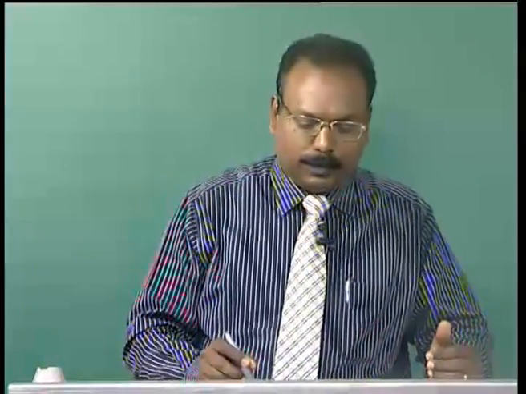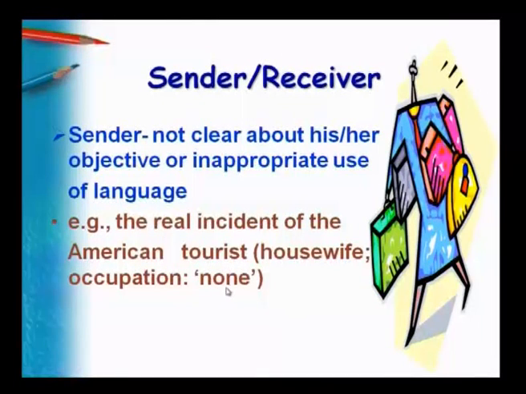Actually, what the housewife said was this: when he asked for her occupation, she didn't want to tell him that she happened to be a housewife, so she simply said none. Now the confusion here is, the housewife said that her occupation is none, N-O-N-E, meaning no specific occupation. She didn't want to say housewife.